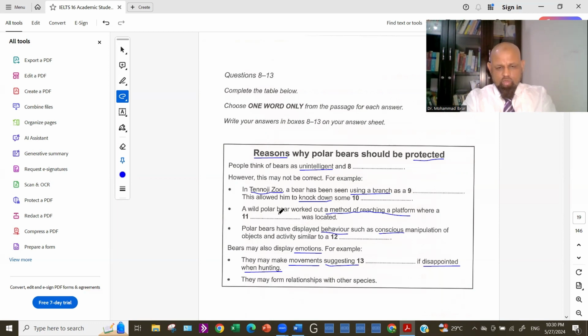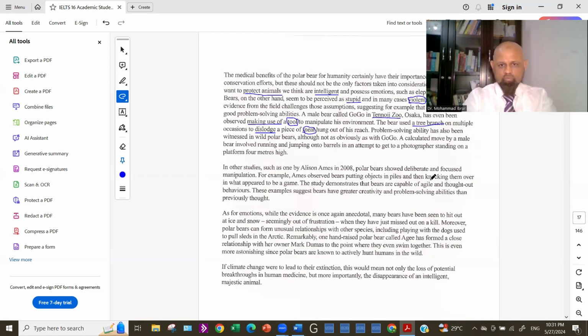Now, a wild polar bear worked out a method of reaching a platform, going there, climbing there. Okay. Where something was located. Now, let's go to the text. So it'd be 17. Okay. Right.